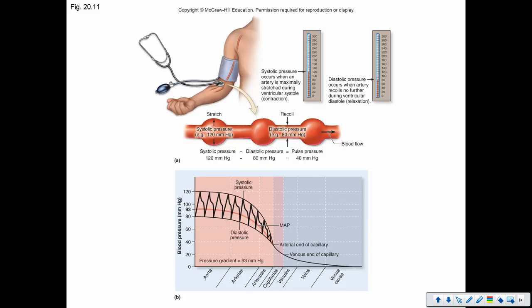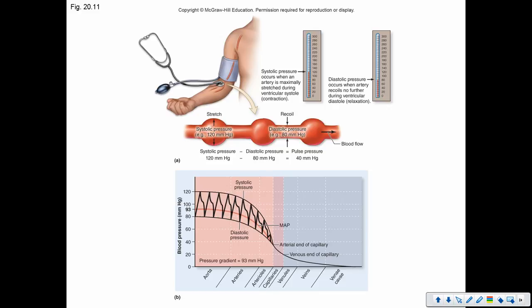Sometimes you may have heard of something called the mean arterial pressure. The mean arterial pressure is not what you find when you simply take the systolic and the diastolic, add them together and divide them by 2. It's a little bit different of a calculation.